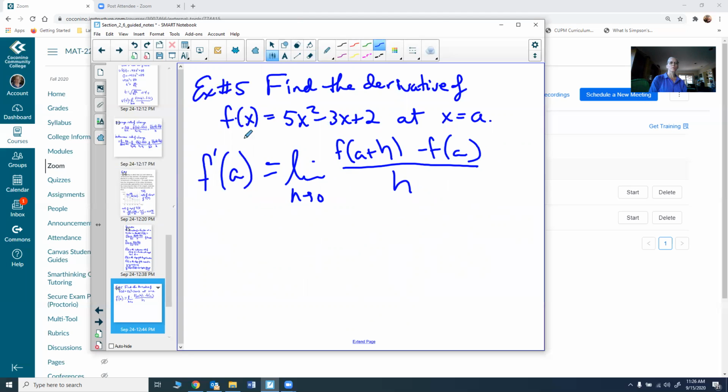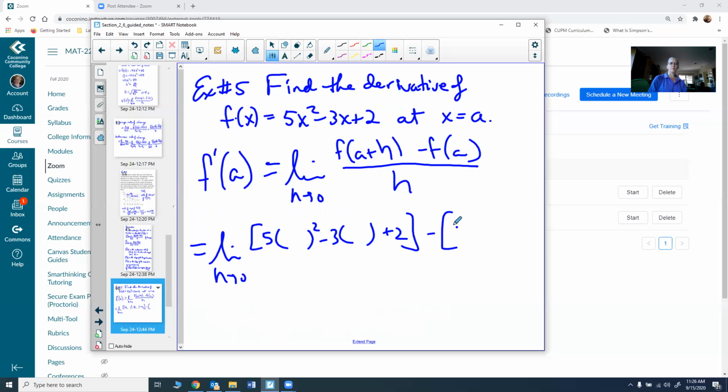Again, I'm going to start off with what my function is. So I have the limit. I haven't done that yet, so don't lose that symbol. I have my function, which is f of something: something squared minus 3 times something plus 2, minus my function of something, 5 times something squared minus 3 times something plus 2, all over h.